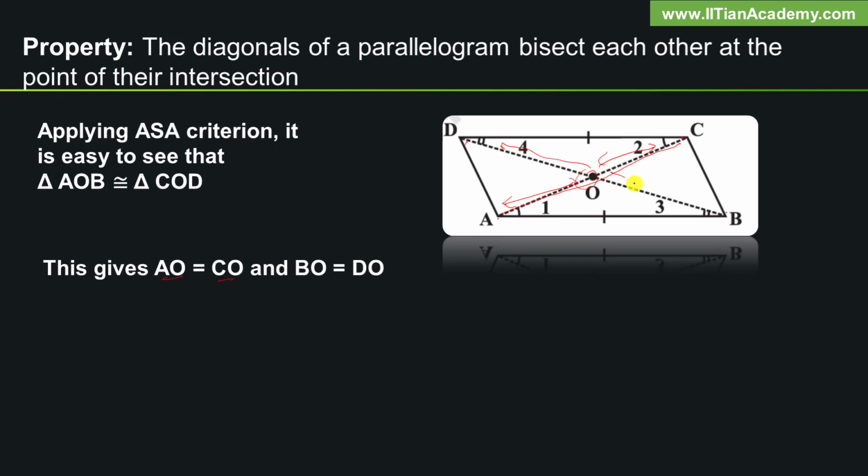Applying the ASA, that is angle, side, angle criterion, it is easy to see that triangle AOB is congruent to triangle COD. This gives AO equals CO and BO equals DO.